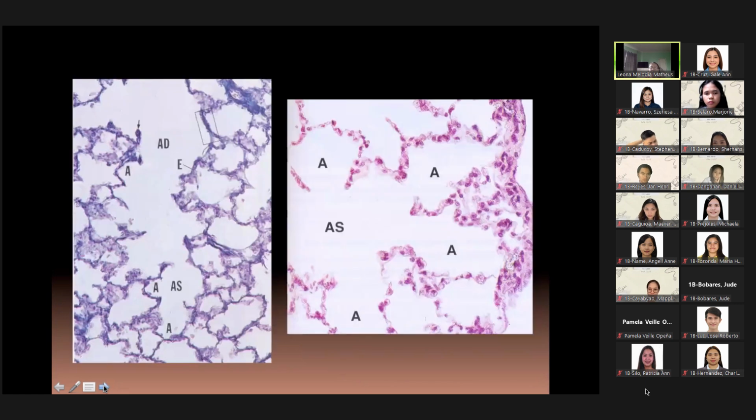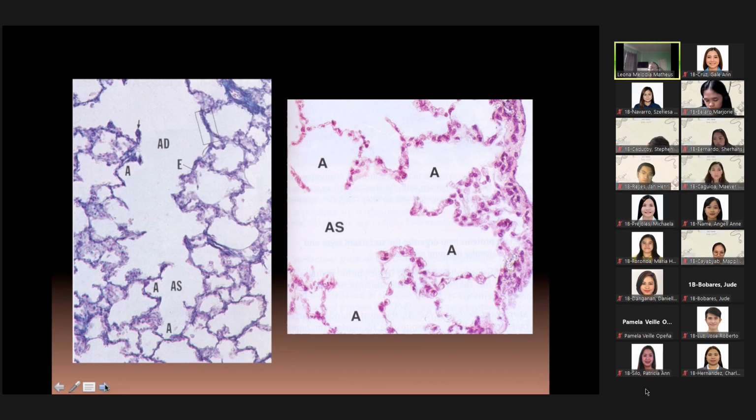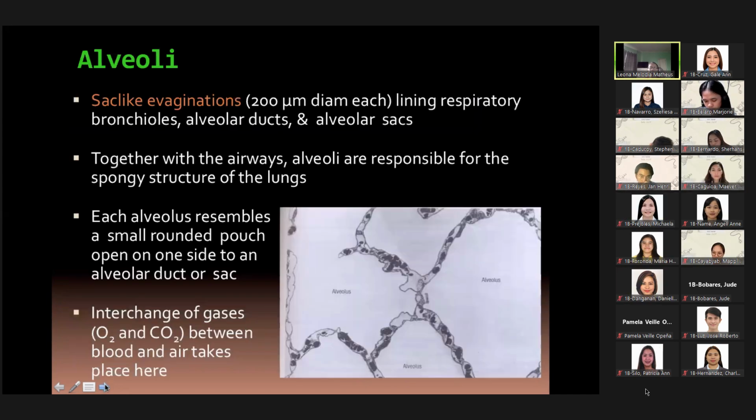Now, the next picture actually shows you an alveolar sac. These are all alveolar sacs because, as you can see, each is made up of a group of alveoli. So that is just the purpose of that picture.